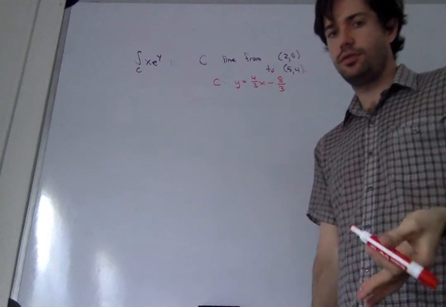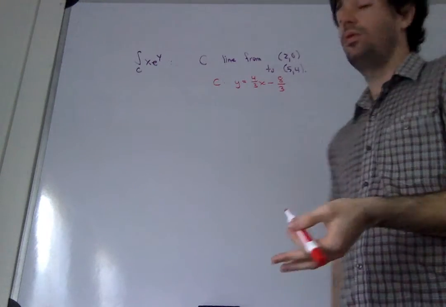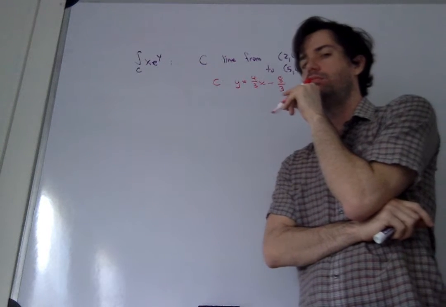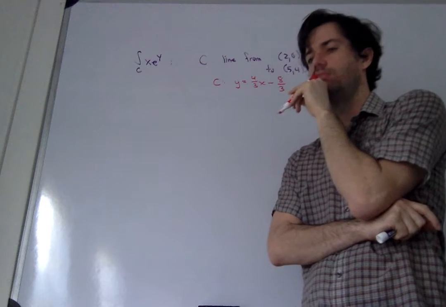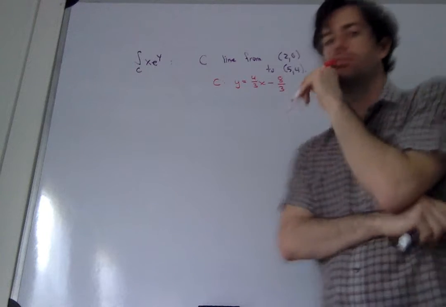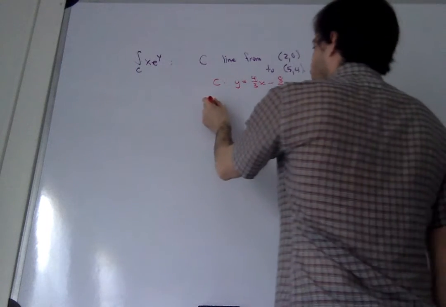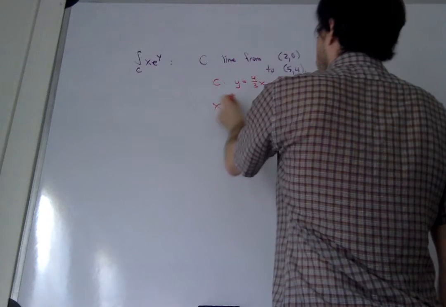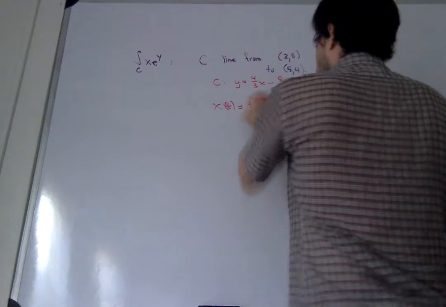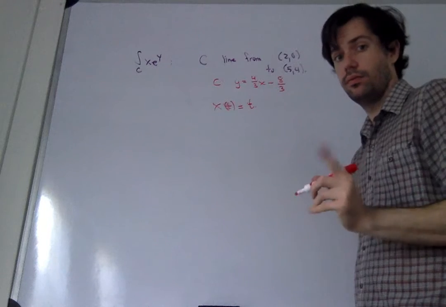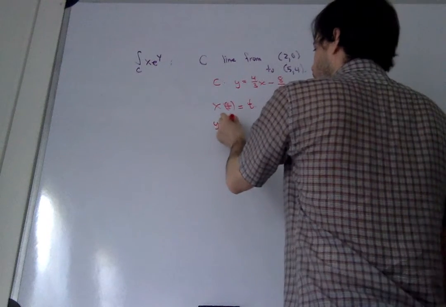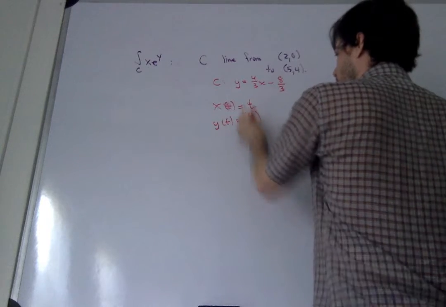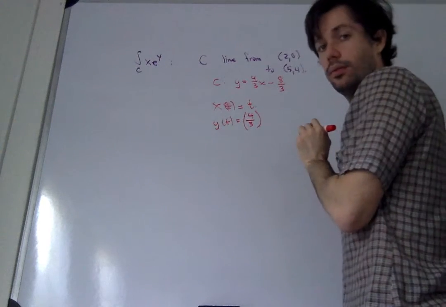So what could you do? What if I said let x of t equal t, and now y of t is going to equal 4 thirds, not x, but t.